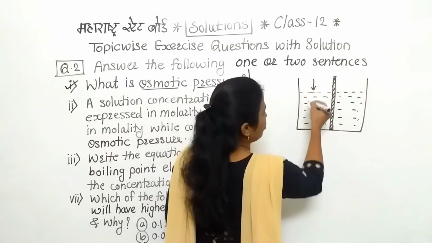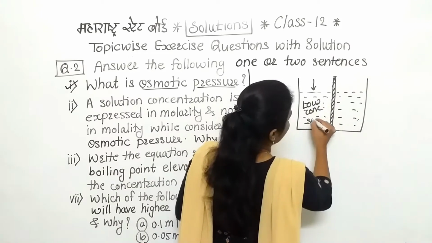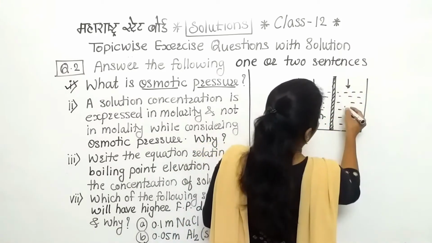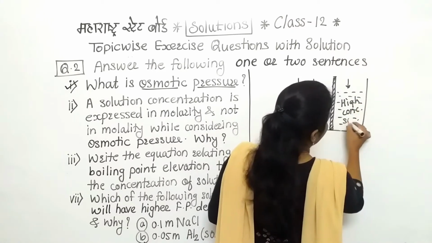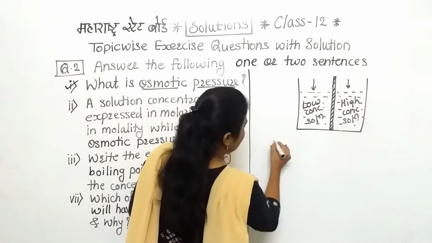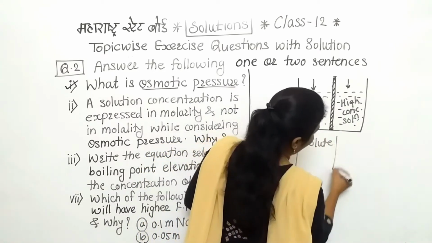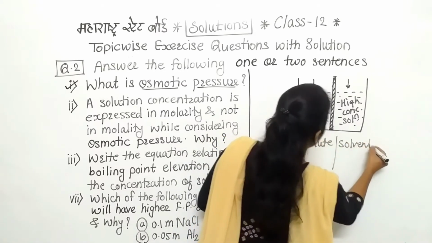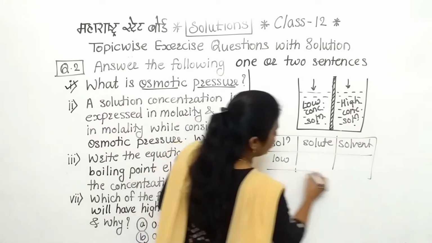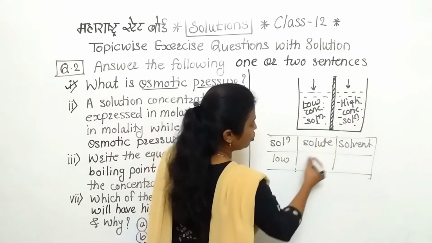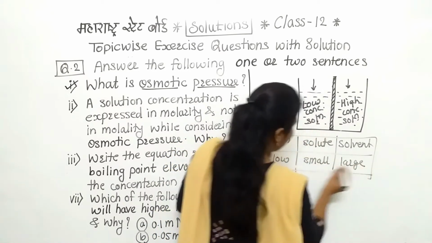To that side, I have taken low concentration solution, and to this side, I have taken high concentration solution. Now see, here we have taken solution. What about the solute quantity and what about the solvent quantity? That also we will discuss here. If the solution is of low concentration, then solute will be in a small quantity and solvent will be in a large quantity.